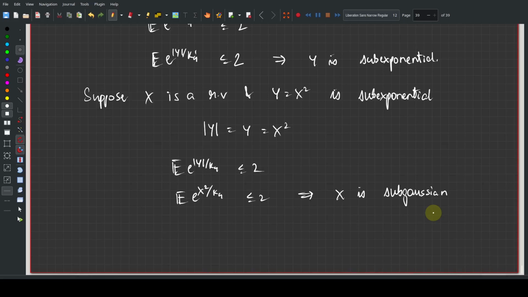So, for example, I'm trying to make an example. Let's take the exponential distribution, so that becomes e to the minus t. What would be the density function of x squared? E to the power of minus 2t, I think.